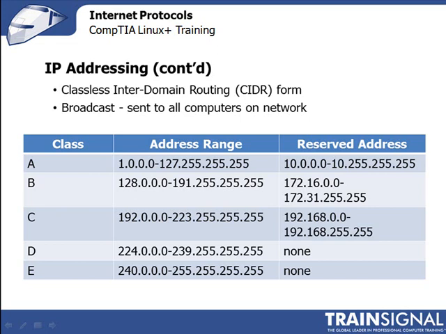Next we have Class D, and its address range is 224.0.0.0 to 239.255.255.255, and it has no reserved address range. And lastly, we have Class E with the range of 240.0.0.0 and goes to 255.255.255.255 and also has no reserved address.